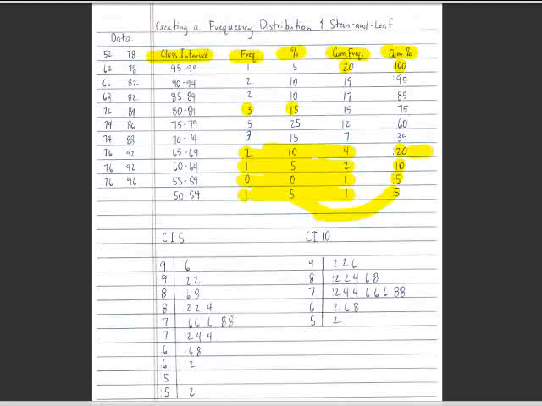The way that you interpret a percentile is that, in this case, 20% of the scores were 65 to 69 or below. So percentiles indicate the percent of observations that fall at or below a specified value. In this case, we're using class intervals. So 20% of the scores were 65 to 69 or below. We'll be talking quite a bit about percentiles as we move through the semester. So hang on for more about that.